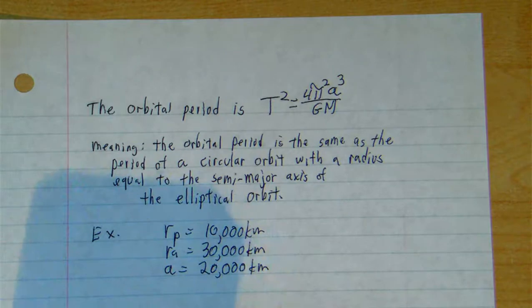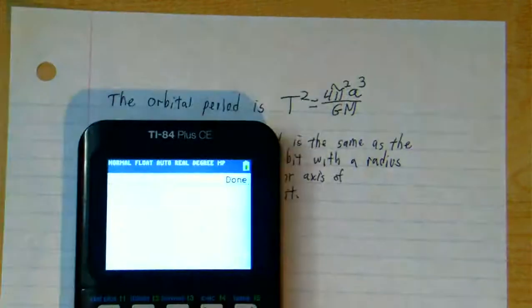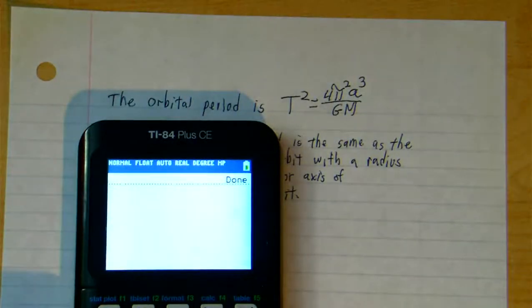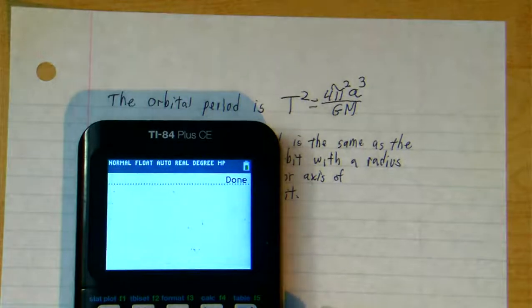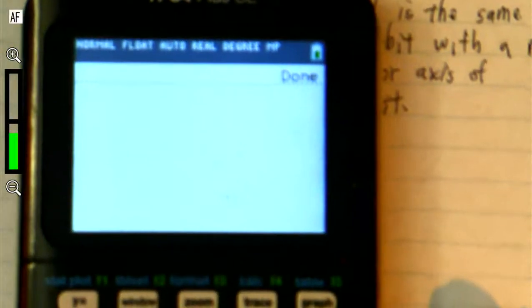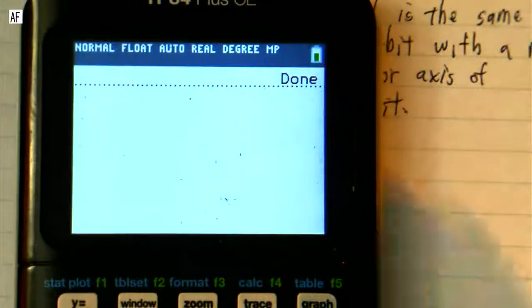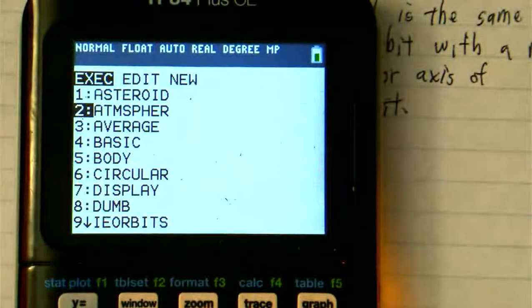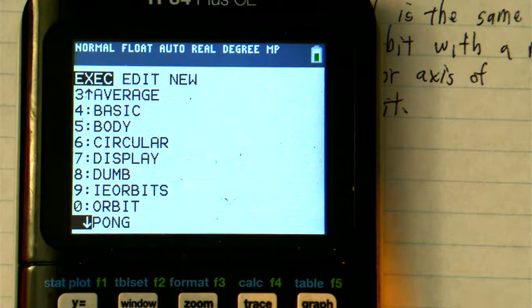Okay, so I've taken the trouble to write a program. No doubt you students want to write your own that does this sort of stuff. So I've written a program to work with elliptical orbits. I wrote a program called Orbit.